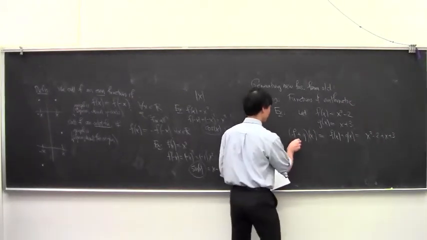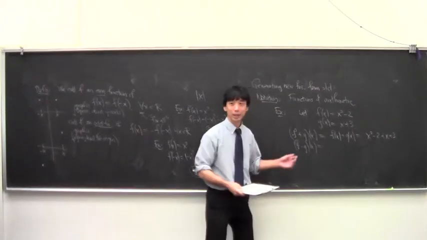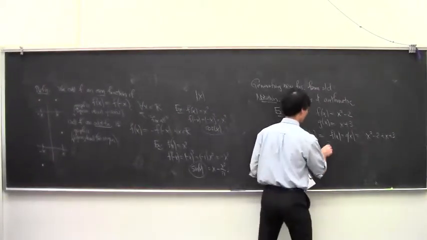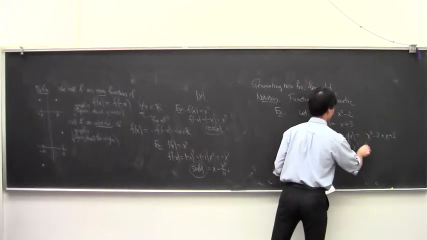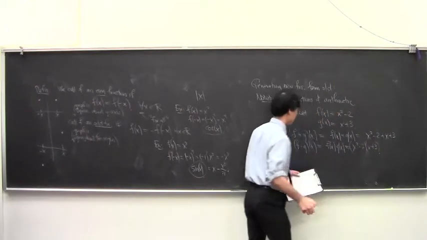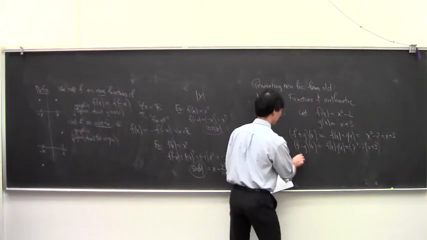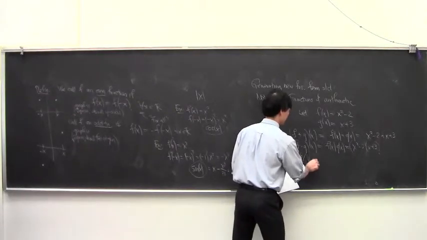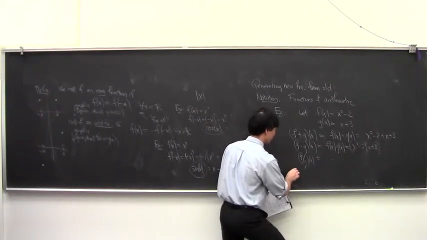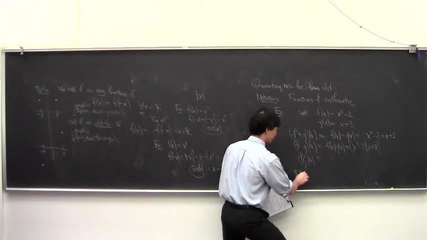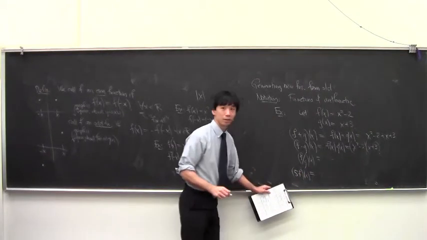If I write f times g of x, what do I mean by that? Of course, I mean it gives you f of x times g of x. If I write f divided by g of x, you know what I mean. If I write 5f of x, what do I mean?